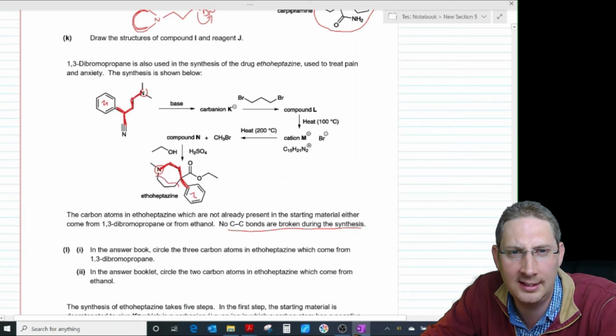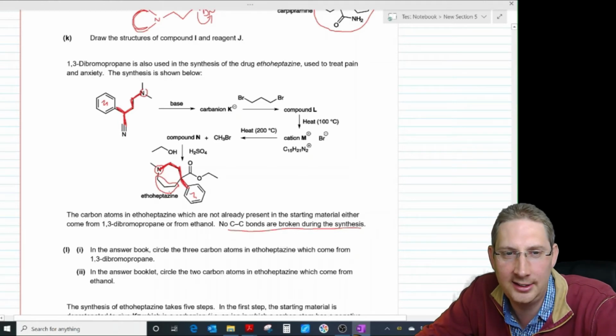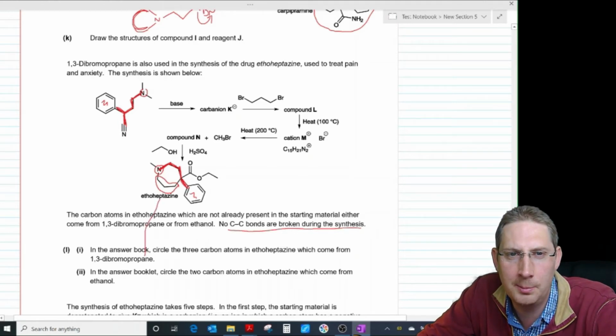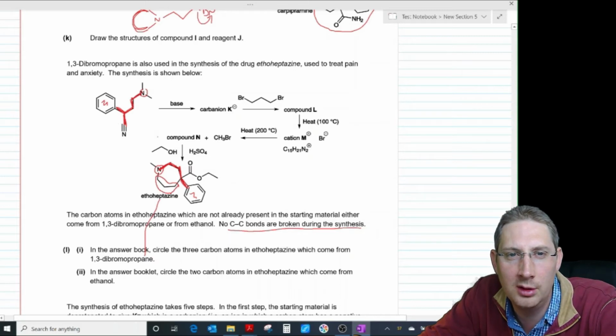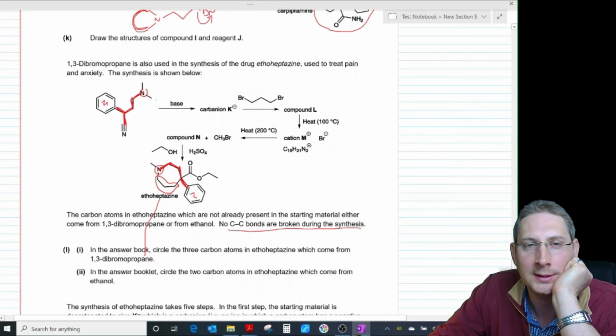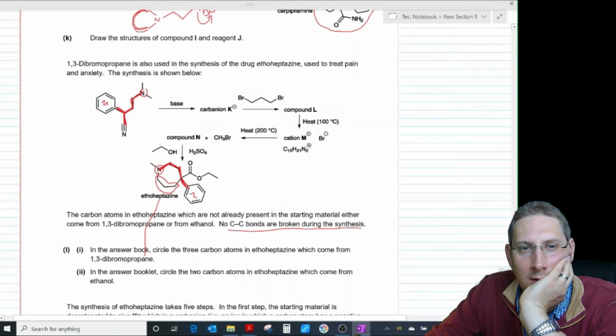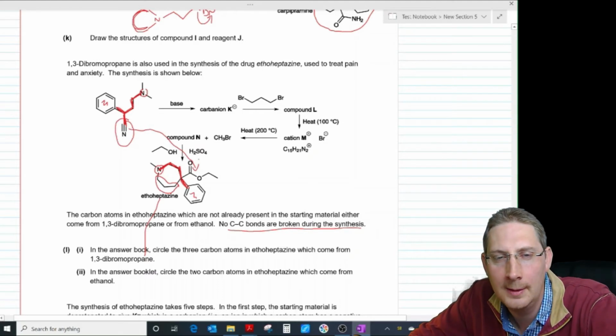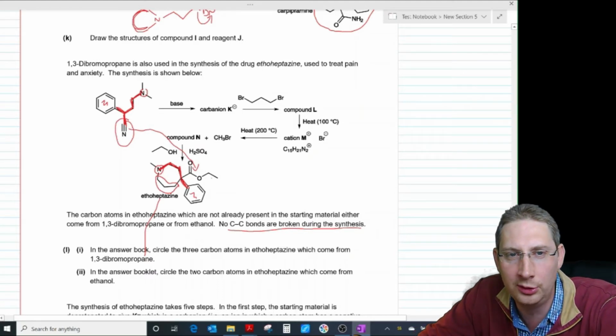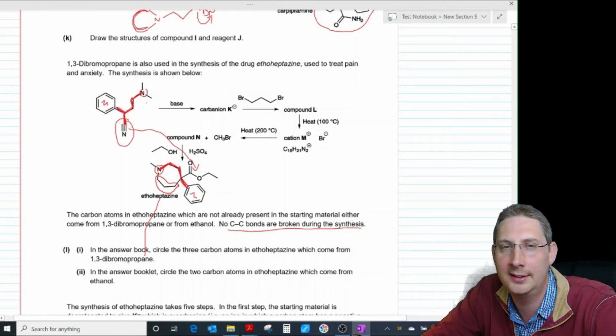So I'm suspecting these 3 carbons here are the ones that are added from dibromopropane, okay? I'm pretty certain that's right, because if we go 1, 2, 3, 4, 5, that's too many bonds. So I'm guessing that cyano group actually becomes this bit down here. And so it's those 3 carbons there that somehow get added on between that and that.